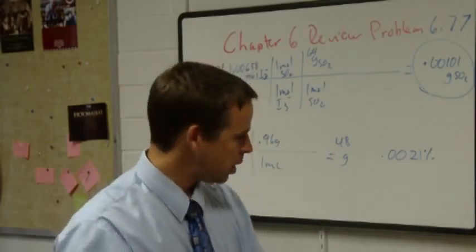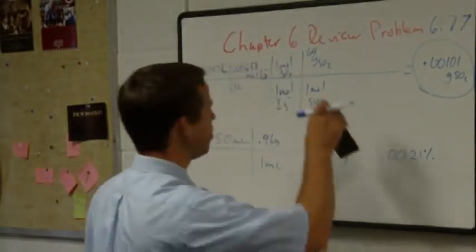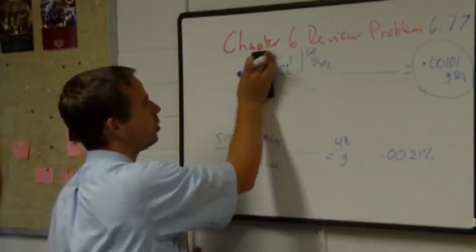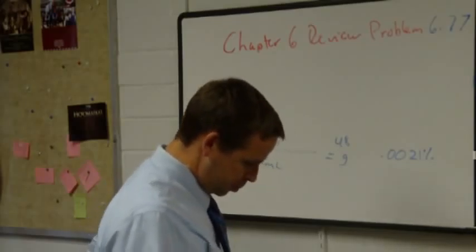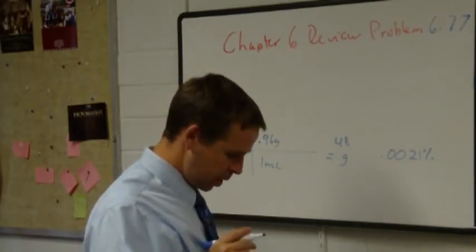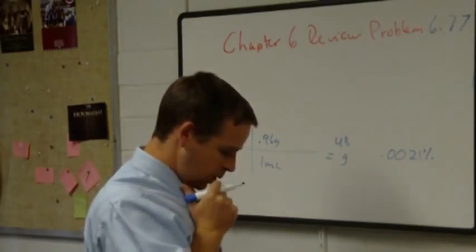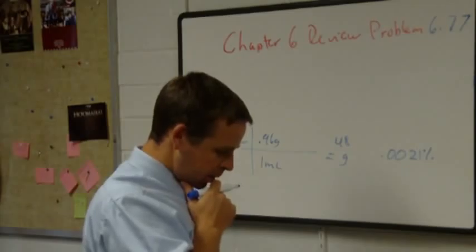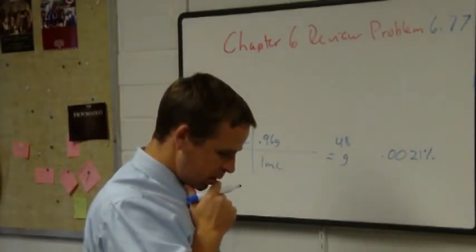Okay, so then we're going to try to convert this to parts per million. You can do that up here. Okay, part D, parts per million is calculated in a manner similar to percent, which is equivalent to parts per 100. Parts per million, grams of component per grams of sample times 10 to the 6th.